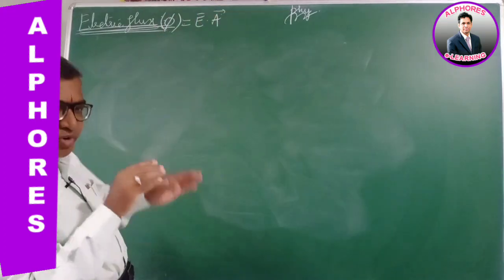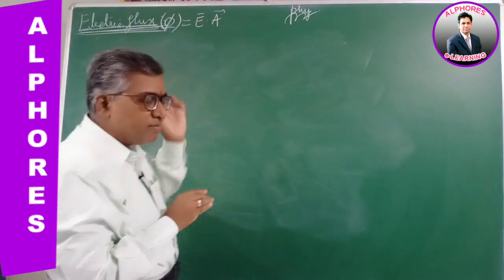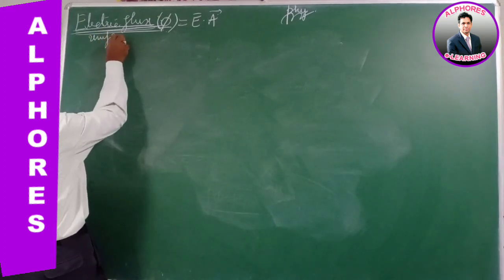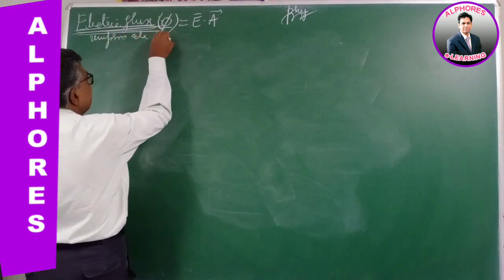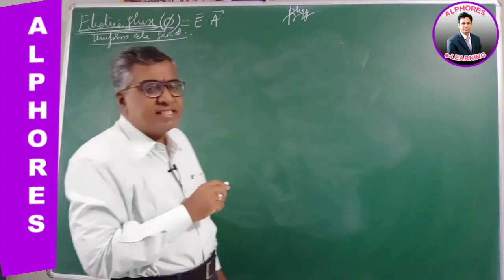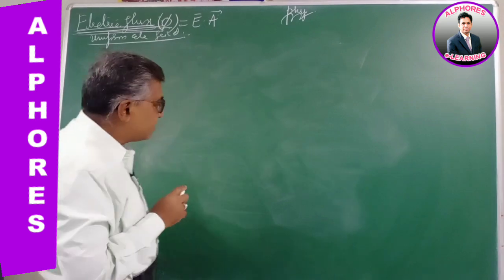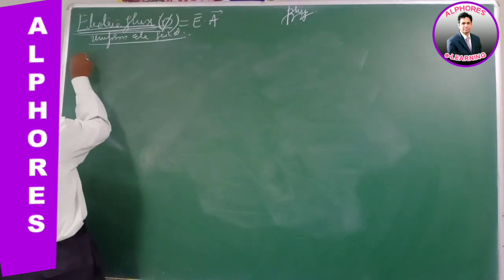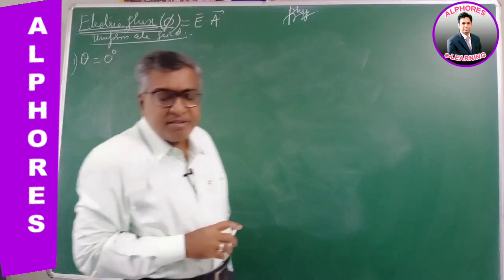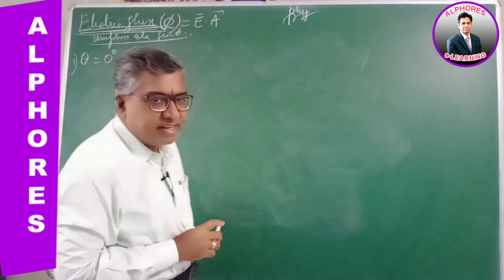Suppose I am considering a uniform electric field itself. Let me consider an area element such that the angle, case 1, theta is equal to 0. The angle between the area element and the electric field is 0.